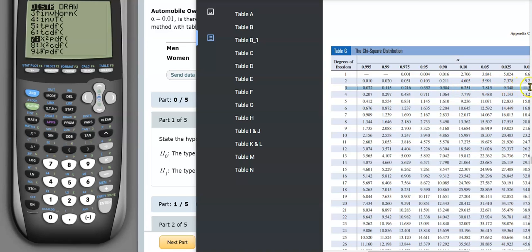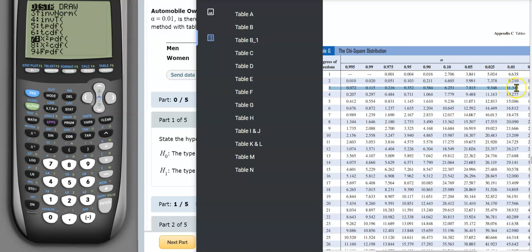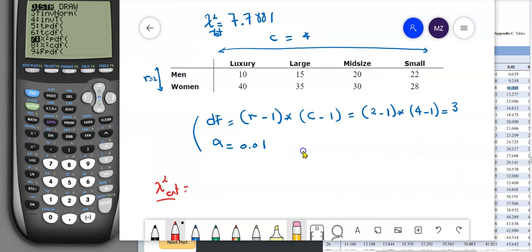You have to go further, and this is it. So this is 0.01, which is 11.345. That's how you get it, right? 11.345.